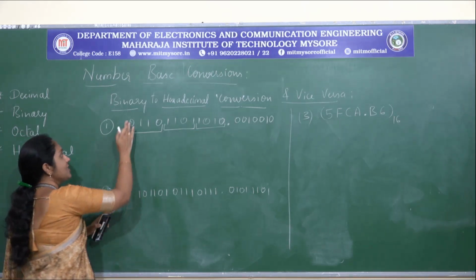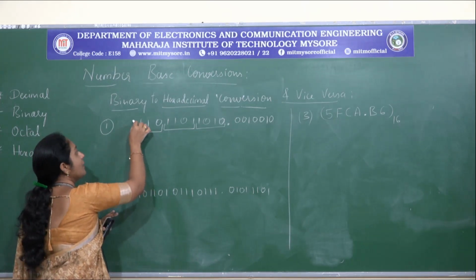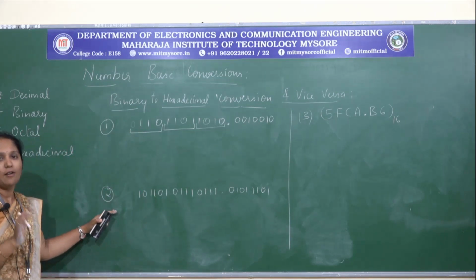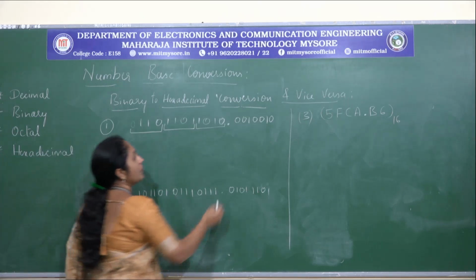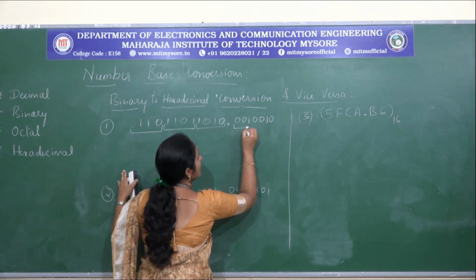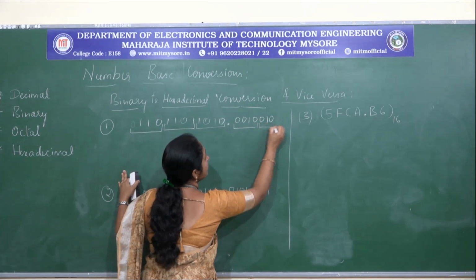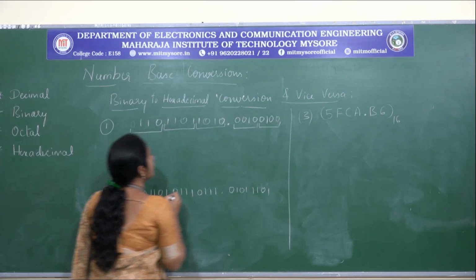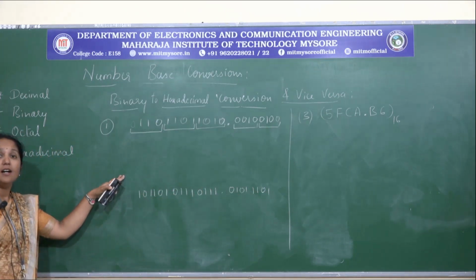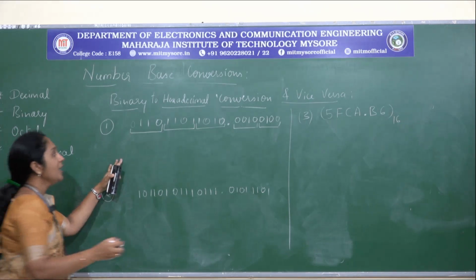Otherwise, if you have only 110, you are supposed to add one more 0 in order to get 4 binary digits. Let us complete the grouping on the right side of the binary point also. Here we have 010, and we need to add one more 0. Now let us write the hexadecimal equivalent for these 4 bits.